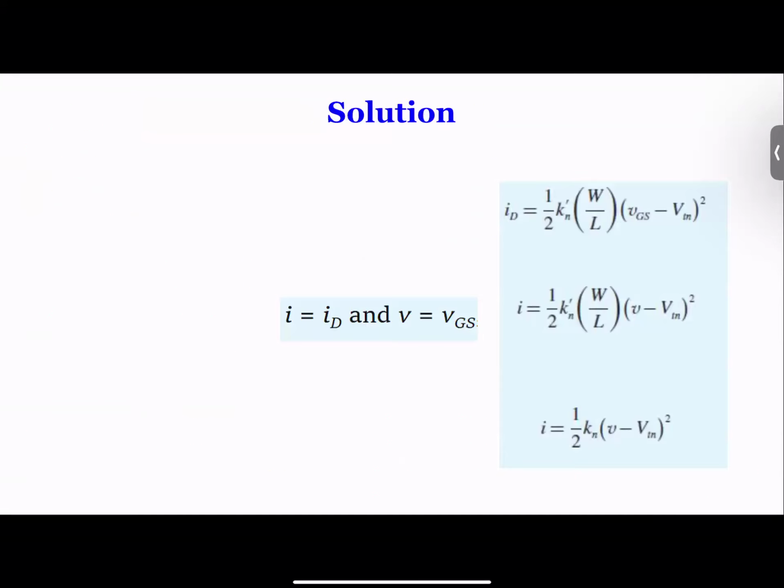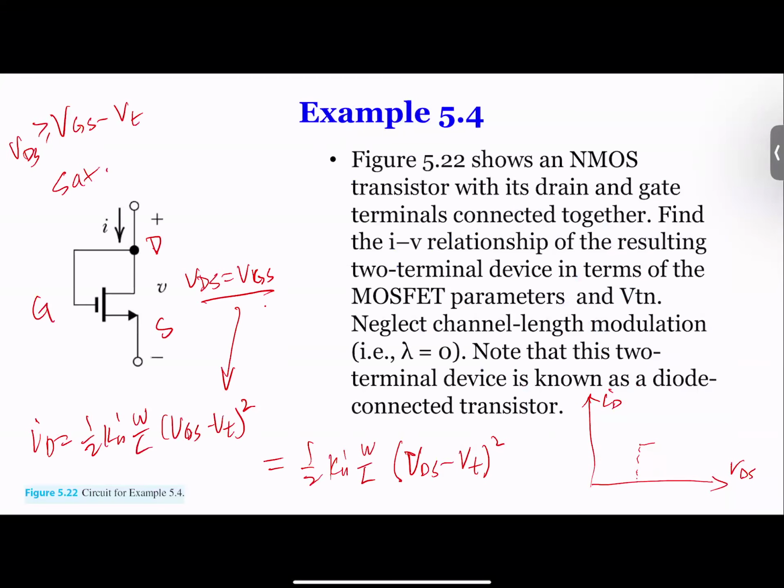So this is the same equation. Let me see how we plot it. If VDS is at a certain value, then you can simply calculate ID at certain points, but this is a quadratic equation, so ID increases much faster, something like this.